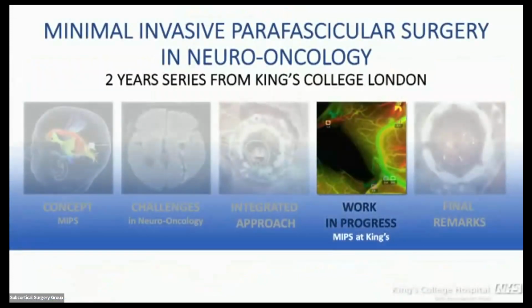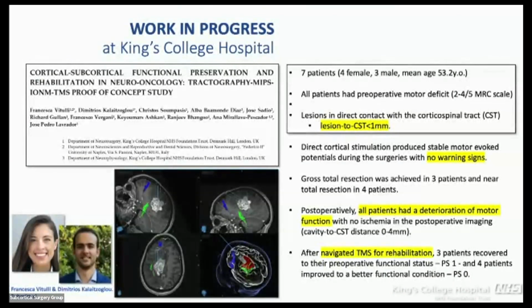This links also very well with the work in progress right now in King's, and she was not the only patient that underwent this protocol. We had 7 patients. I think we are at 10 right now that have undergone exactly the same protocol: preoperative tractography, MIPS approach for the lesion with intraoperative neuromonitoring, and early rehabilitation with repetitive TMS.